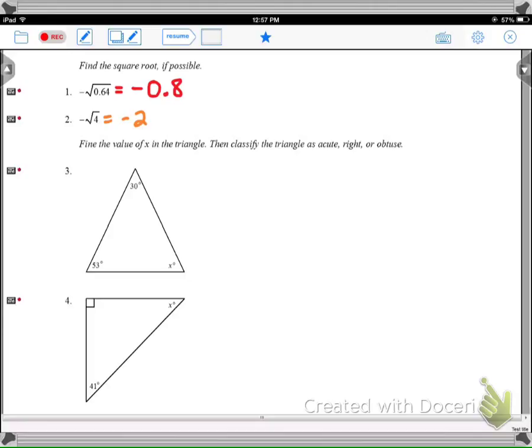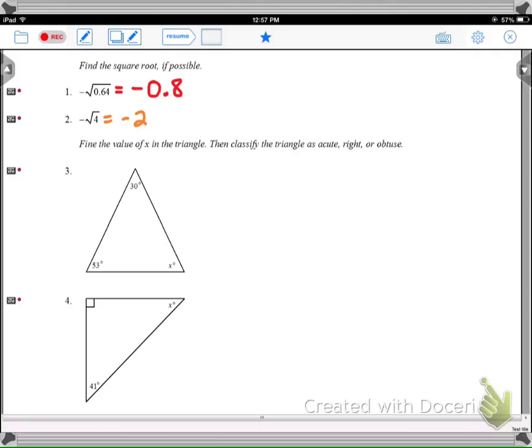Alright, now, number 3 and 4 ask us to find the value of x and then classify the triangle as acute, right, or obtuse. Now I have to find the x value first to do that, because I don't know what all three angles are until I find that third angle.